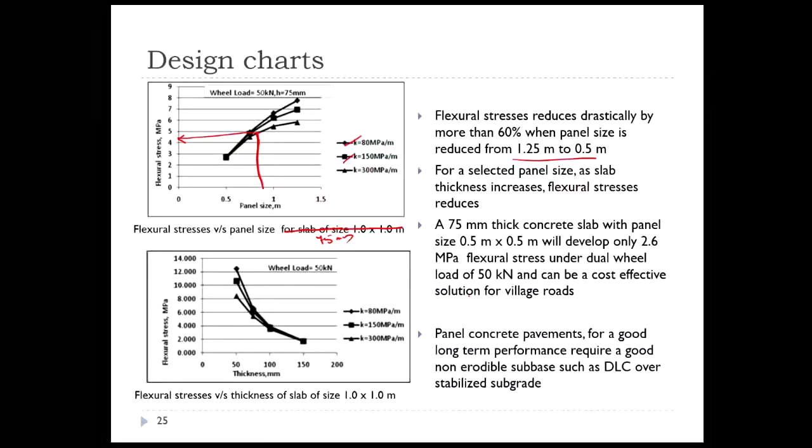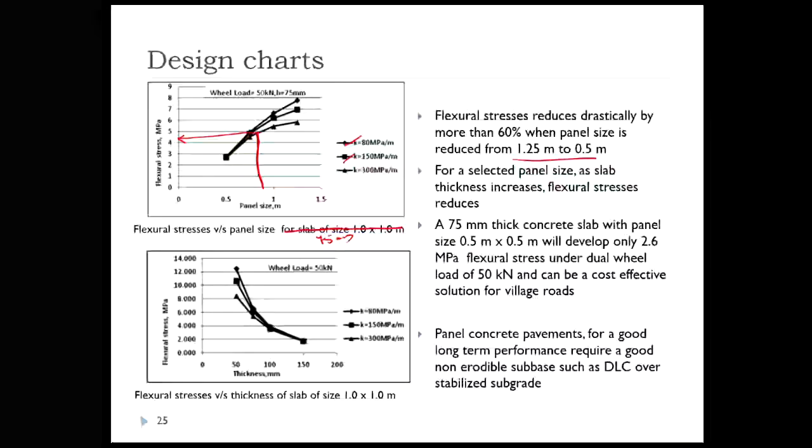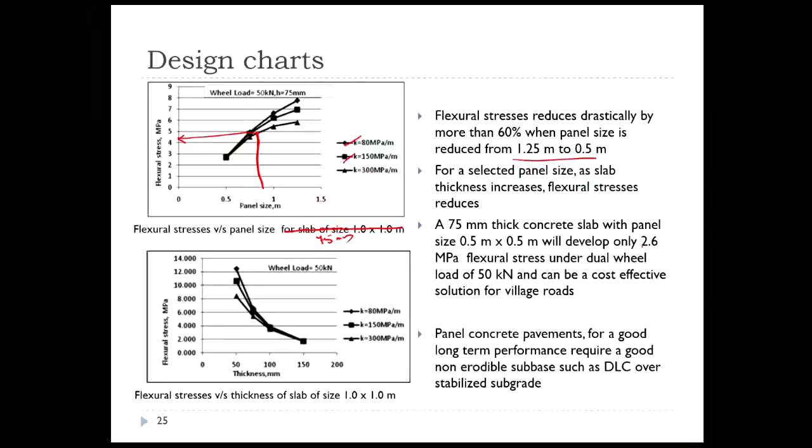In this paper, it is concluded that a 75 mm thick concrete slab with a panel size of 0.5 meters by 0.5 meters will develop only 2.6 megapascal flexural stress under a dual wheel load of 50 kilonewtons and can be a cost-effective solution for village roads.